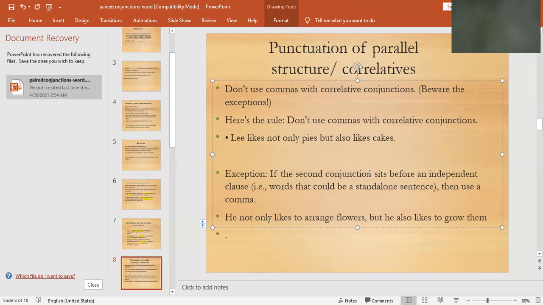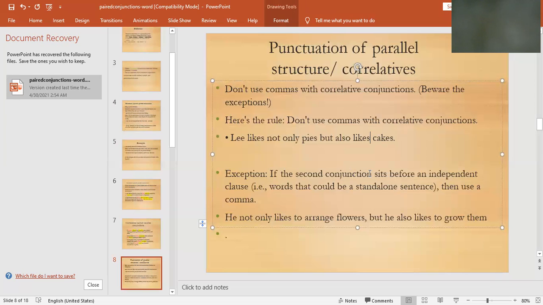What is an independent clause? Words that could be a standalone sentence, which has a subject and a verb, and they can stand alone. They don't need the help of any other sentence to stand alone. Then use a comma when after the second conjunction we have an independent clause.